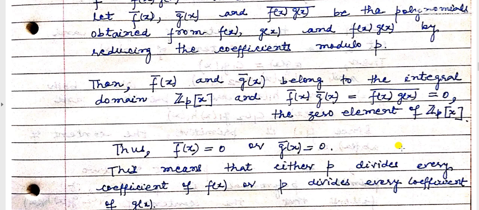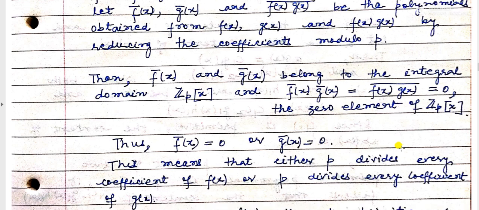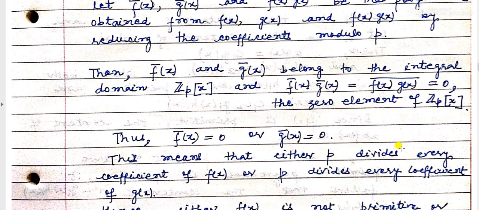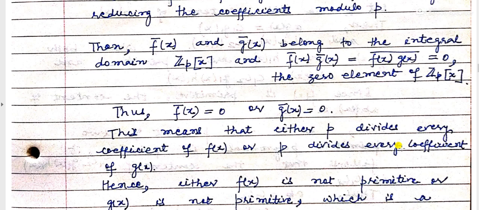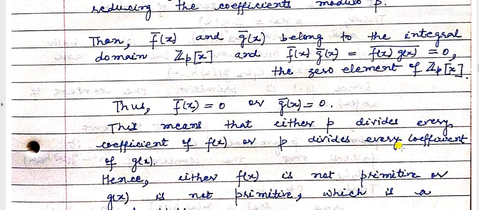But Zp[x] is an integral domain, because if D is an integral domain, then D[x] is also an integral domain. Then f bar(x) is 0 or g bar(x) is 0, because an integral domain has no zero divisors. This means that either p divides every coefficient of f(x), or p divides every coefficient of g(x).